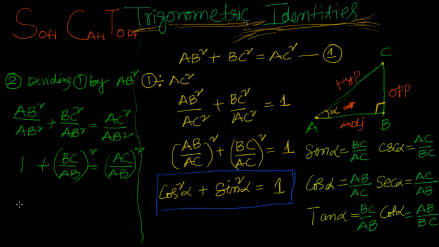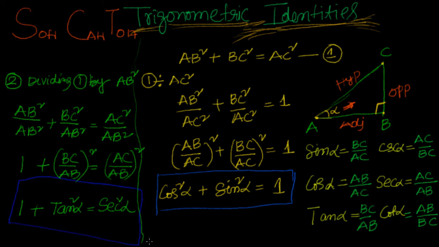Now this is nothing but 1 plus tan square alpha is equal to, since AC by AB is secant alpha, secant square alpha. This is identity number 2.